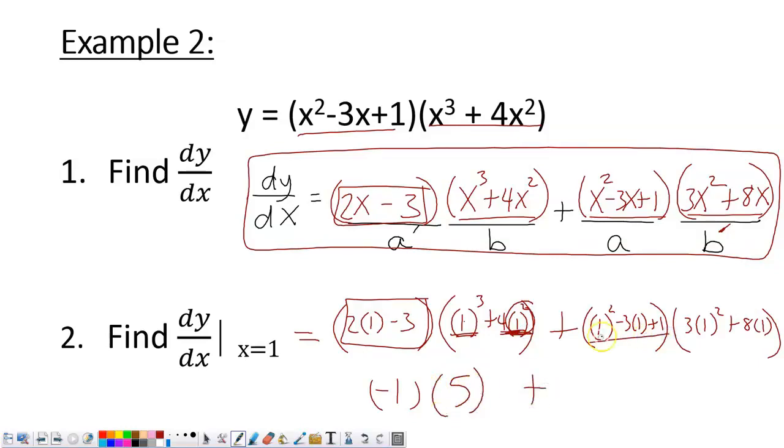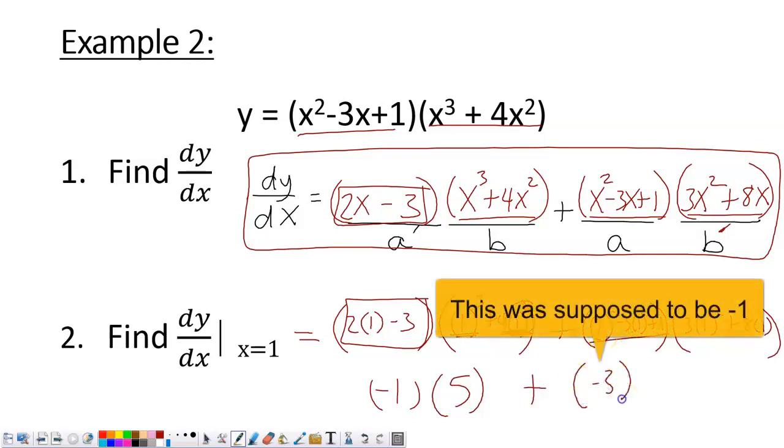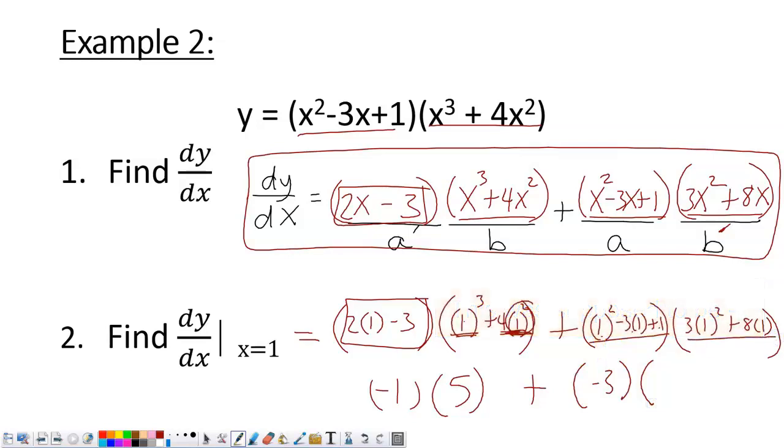Here, 1 minus 3 plus 1 is minus 3. And then lastly, we have 3 plus 8, which is going to be 11. And we end up with negative 5 plus a negative 33. If I put those together, my final answer will be negative 38.